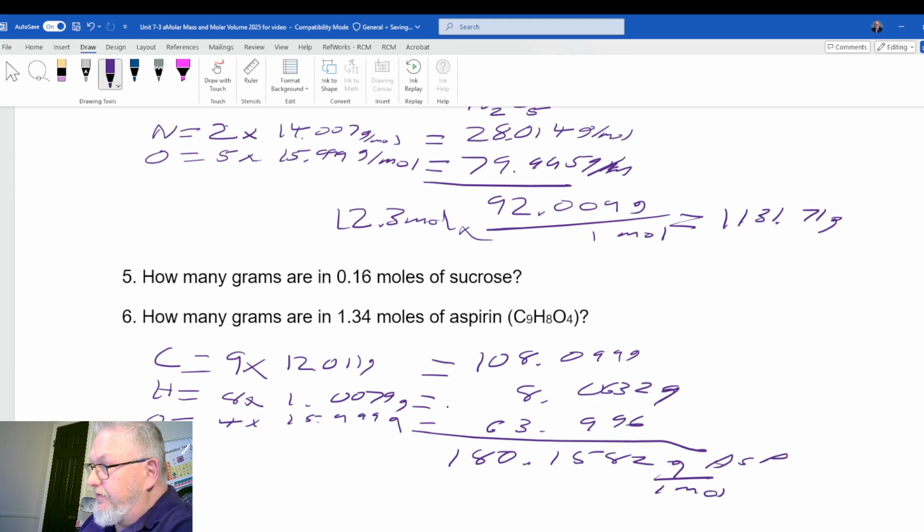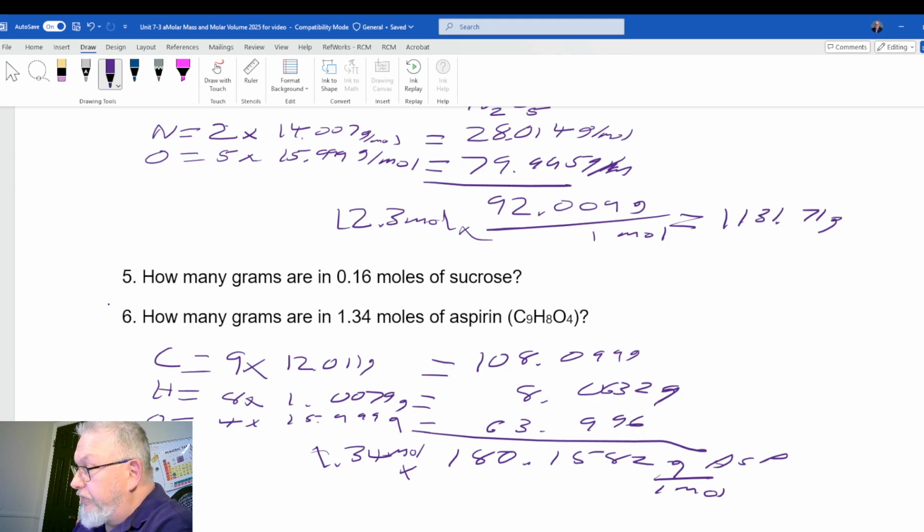Now it's asking for how many grams are in 1.34 moles. Well, this is 1 mole. So I multiply how many moles I've got. 1.34 moles times 180.158.